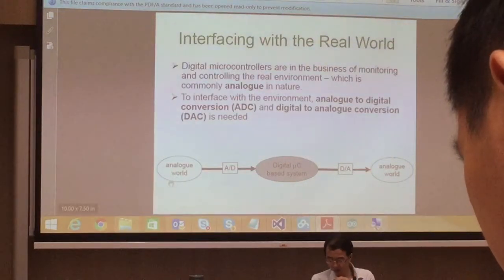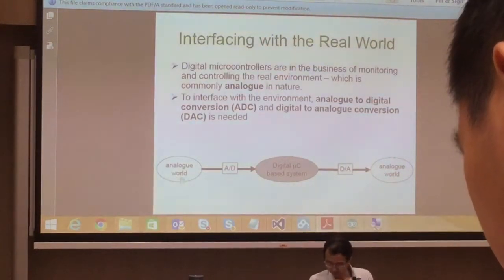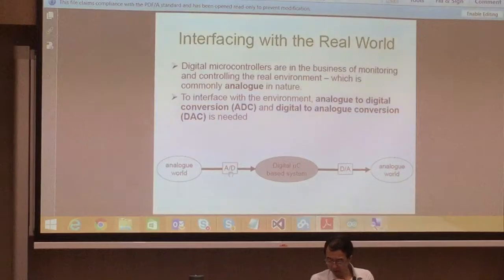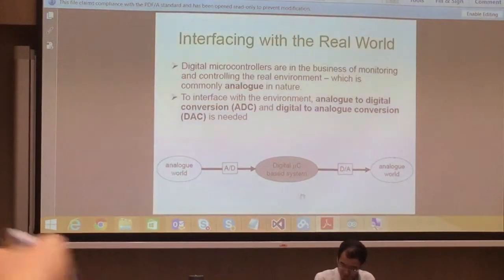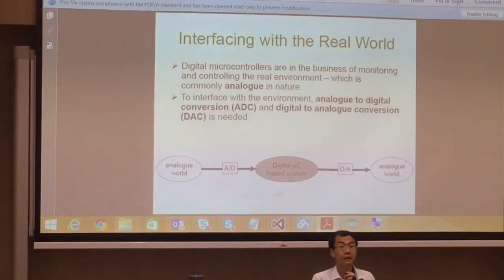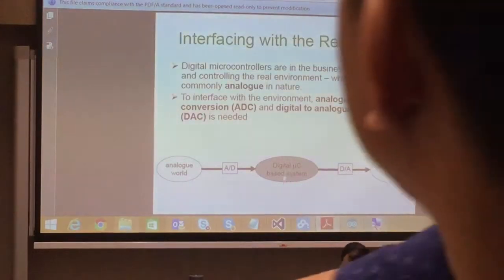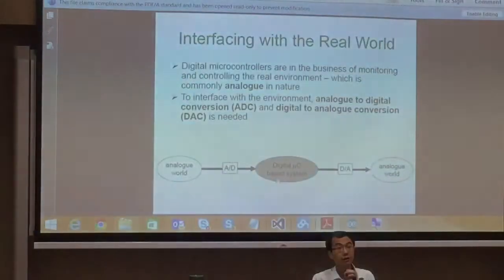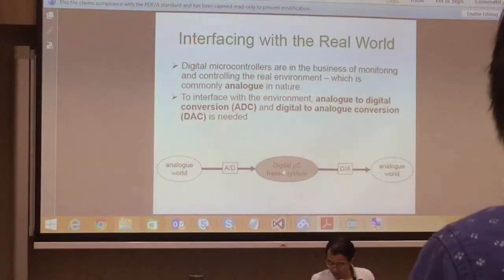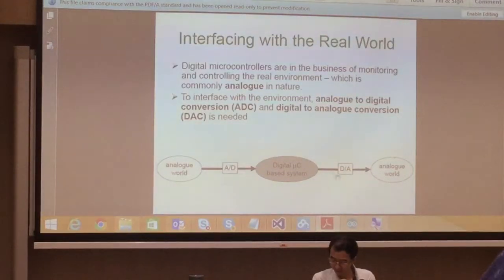Our world is analog, so you need the ADC to convert the analog to digital data so that your microcontroller can process it. After you process it, you need the DAC, the digital to analog converter, to convert it back to analog signals. So this is how it works.